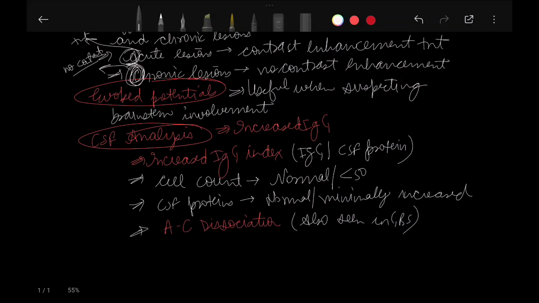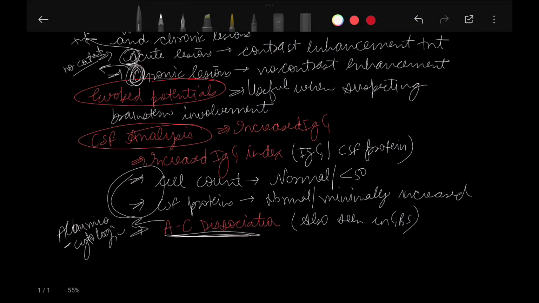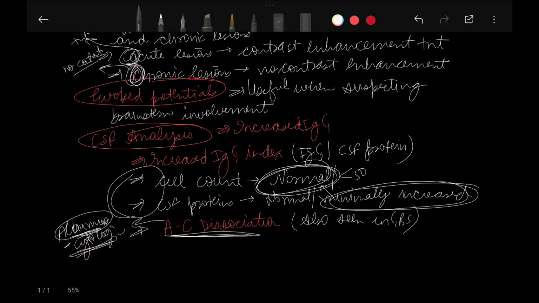What is the meaning of AC dissociation? There is dissociation between the albumin component and the cytological, which means cell component. Albumin being a protein is increased, whereas the cell count remains normal. AC dissociation means this. It is also seen in Guillain-Barré syndrome.